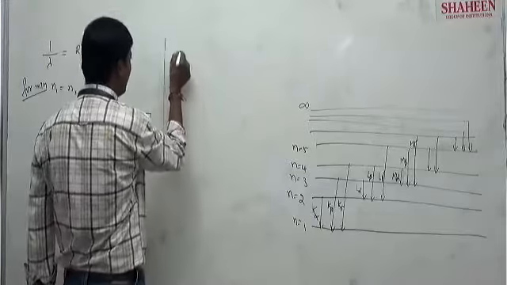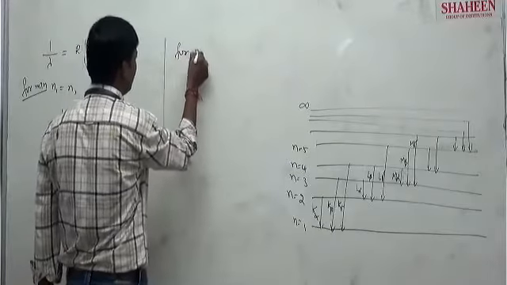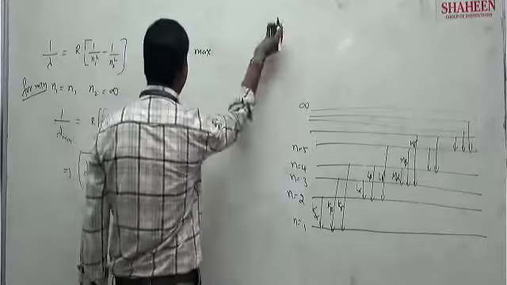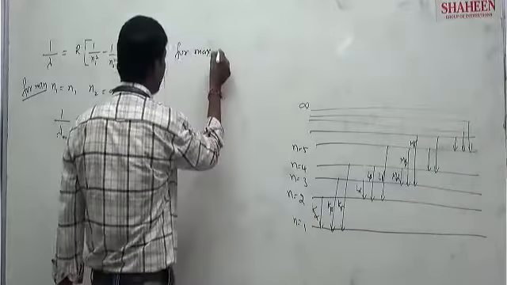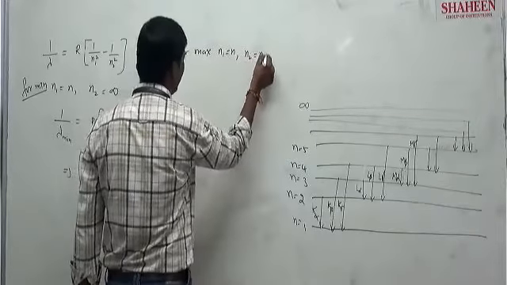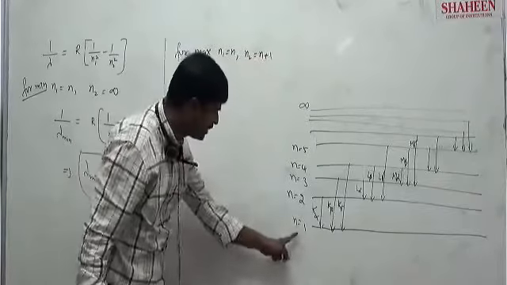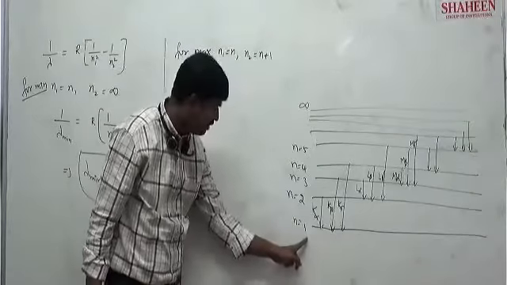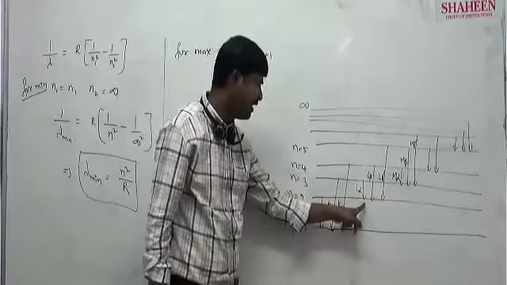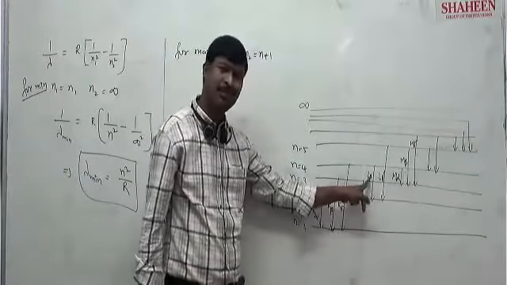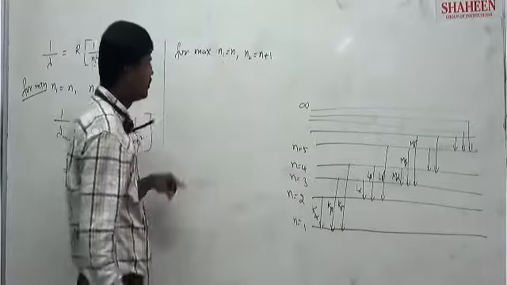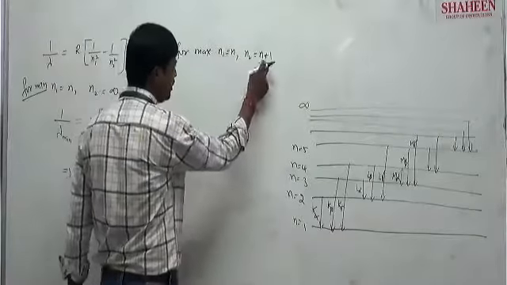For lambda maximum, n1 is equal to n and n2 becomes the immediate next level. For Lyman series, n1 is 1 and n2 becomes 2. For Balmer series, n1 is 2 and n2 is 3. Like that. So n1 is equal to n, n2 is equal to n plus 1.